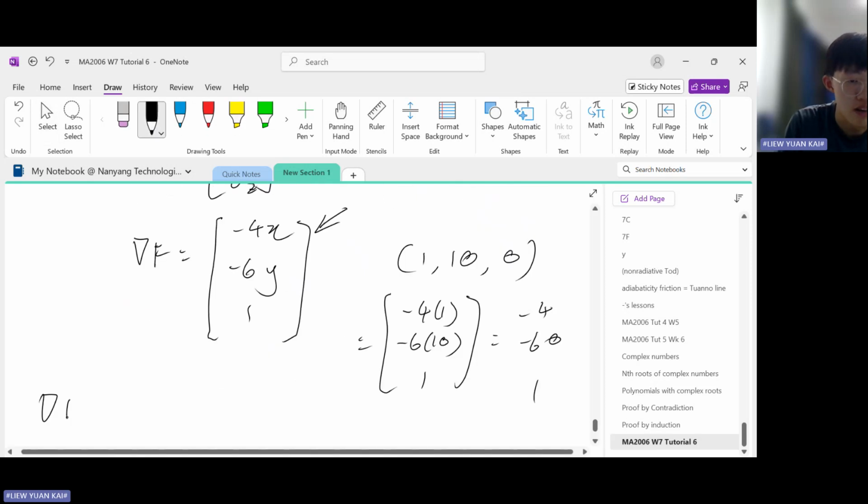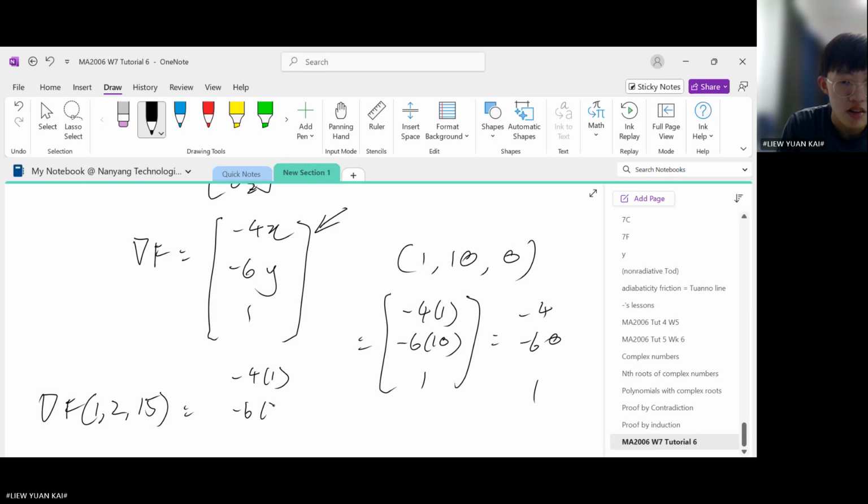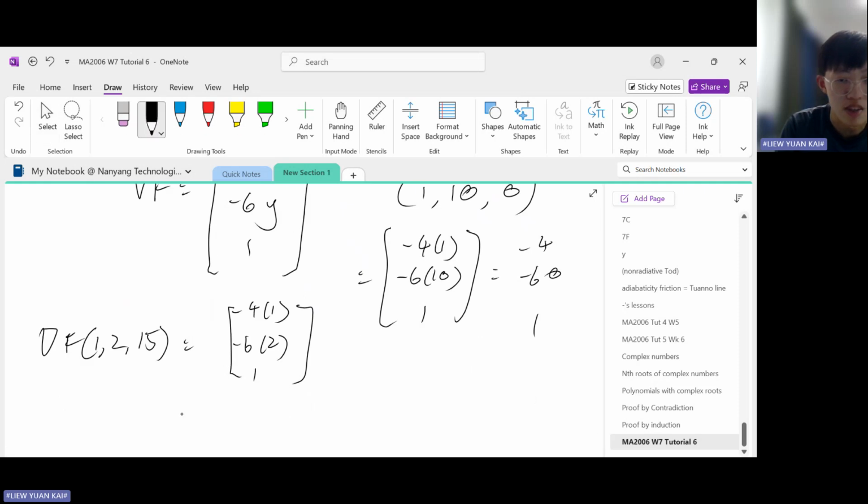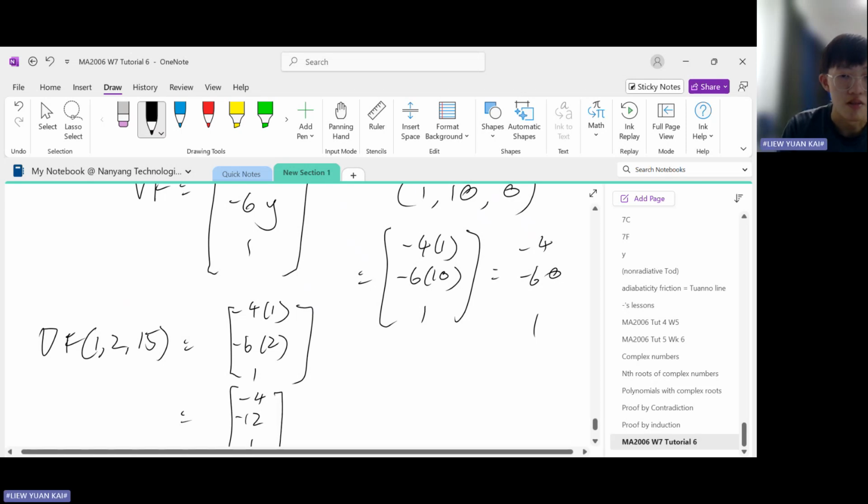So nabla f at (1, 2, 15) is equal to -4 times 1, and so on. There's no z that shows up, so we don't need to replace 15. So this is (-4, -12, 1).